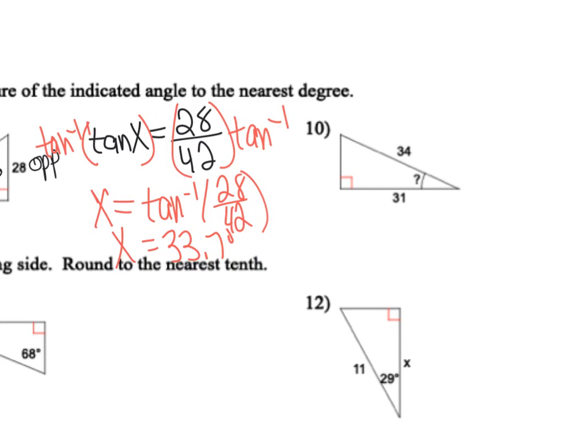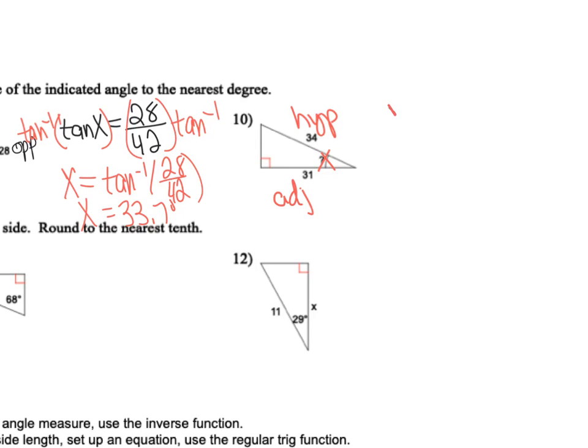If we look at number 10 over here, here's our angle. We have an adjacent, and we have the hypotenuse. If we are using adjacent and hypotenuse, that means that we would use cosine. So we're going to have the cosine of our angle is 31 over 34.